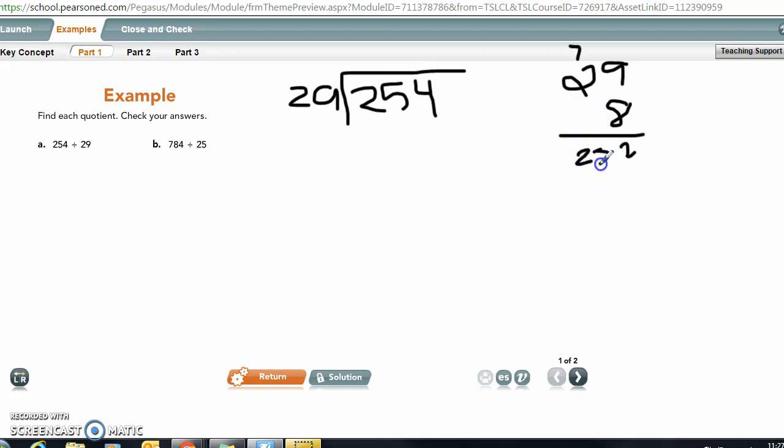So I know that 232 seems about right, because 232 plus 29 is equal to 261, which is bigger than 254. So 29 will go into 254 8 times. 29 times 8 was 232. And by showing your work over here on the side, you already have that given.